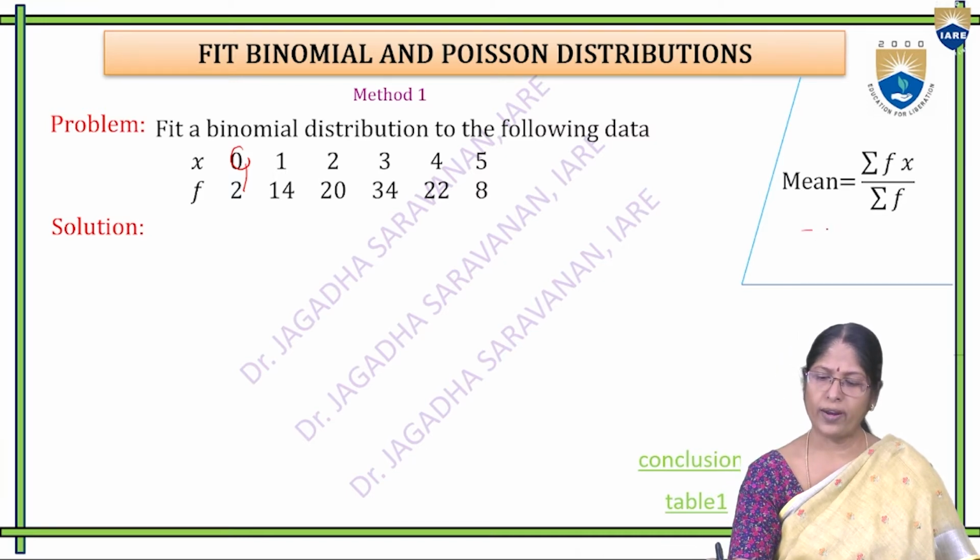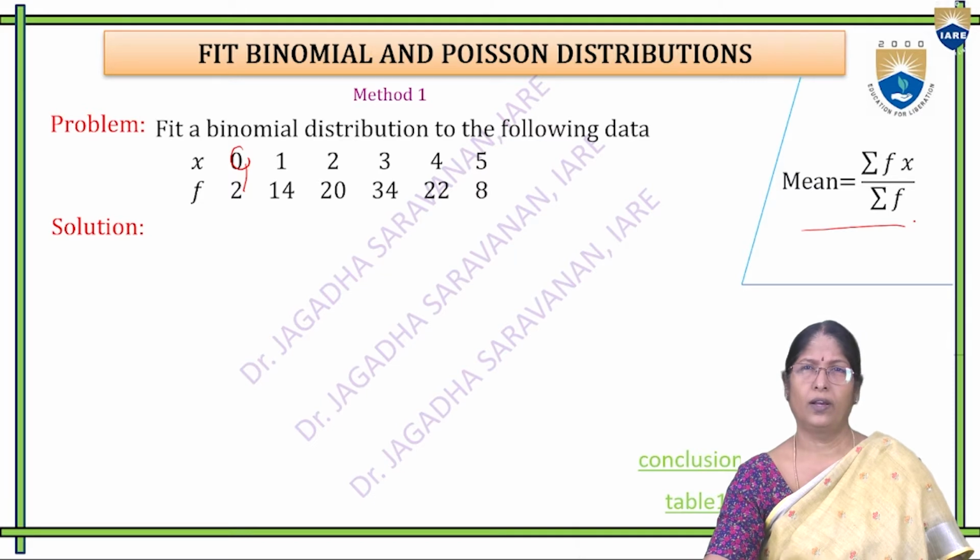As we studied in lower classes, for the binomial distribution we need the probability of success, P, whose value is not given, and Q, the failure probability, which is also not given.